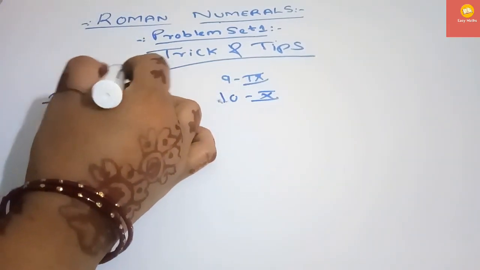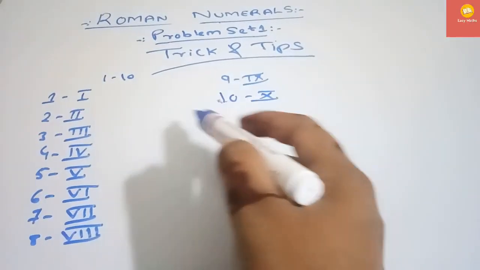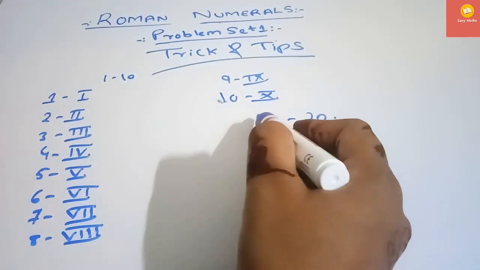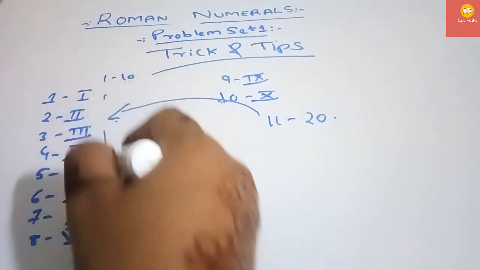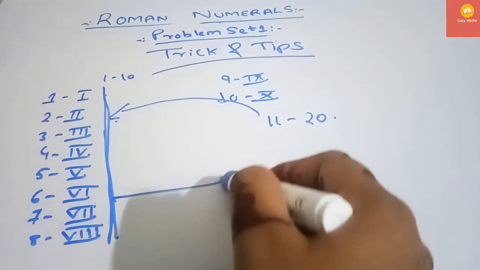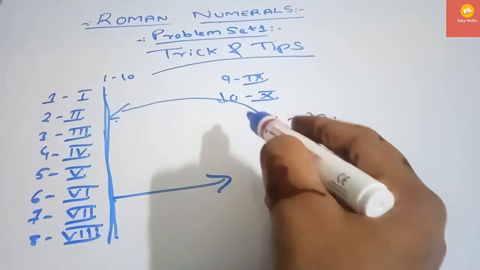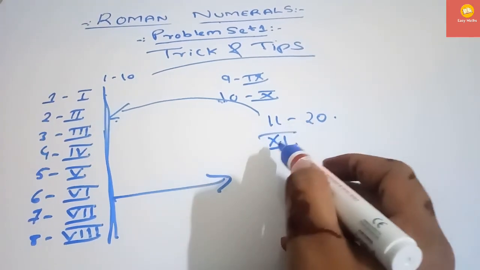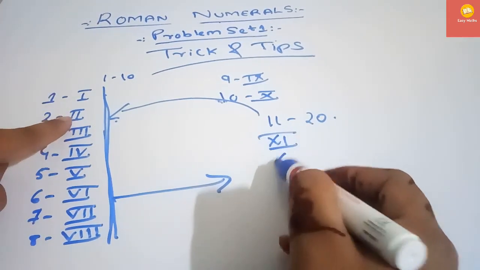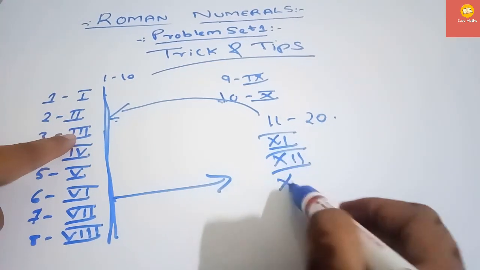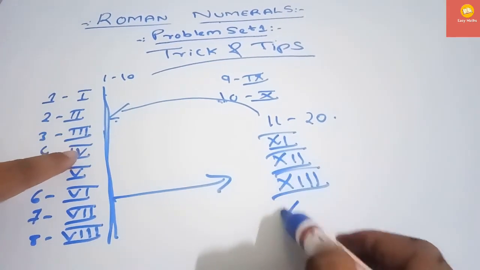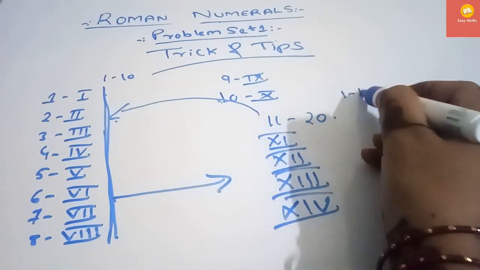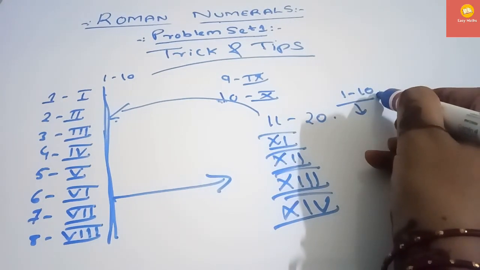So I have written 1 to 10. So 1 to 10 you just remember this, and from 11 to 20 just put X in front of these symbols. You will get the answer for 11 to 20. Means 11 like this, 12 put X like this, 13 like this, 14 like this. Okay, so for 1 to 10 you just remember these 10 numbers.